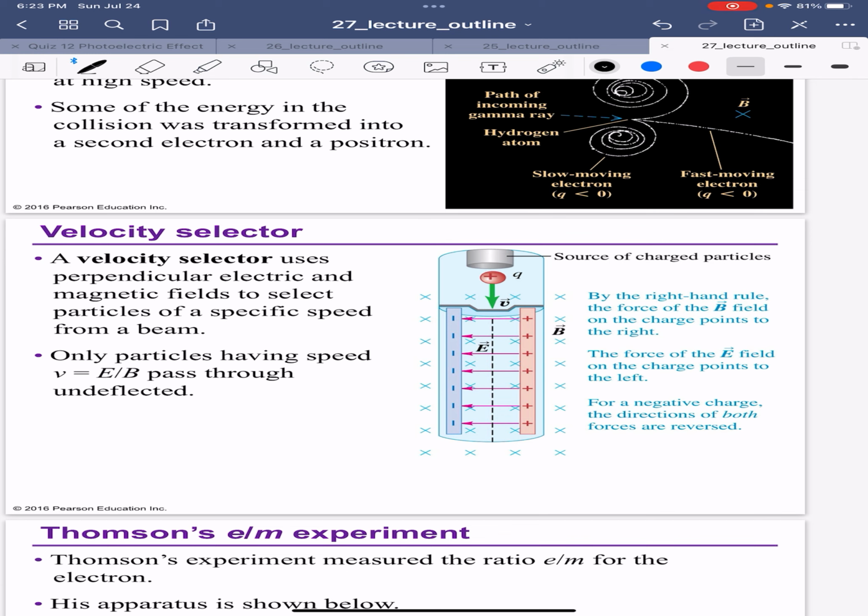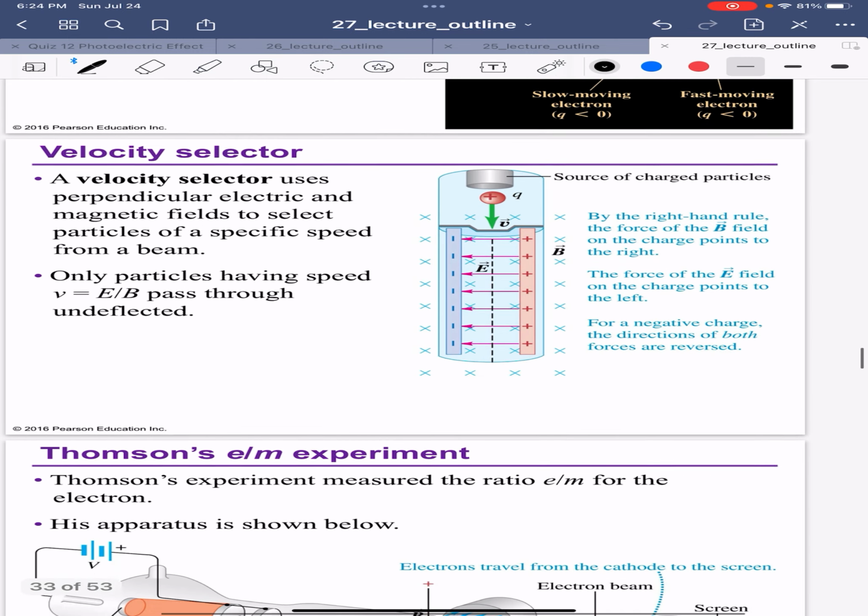Also, the velocity selector uses perpendicular electric and magnetic fields to select particles of specific speeds from a beam, and only particles that have a ratio E divided by B pass through undeflected, based on the anatomy of this device.